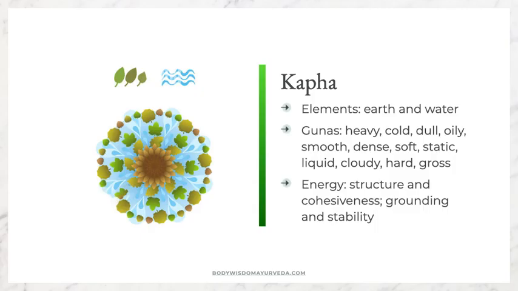In our bodies, it's responsible for nourishment, growth, lubrication, regeneration, strength, and stamina. In nature, we see Kapha in precipitation. So the time of year associated with Kapha is late winter and spring, when we tend to see a lot of rain and snow, and the temperatures tend to be a little colder. The time of day associated with Kapha is 6 o'clock to 10 o'clock. And again, that could be AM and PM.